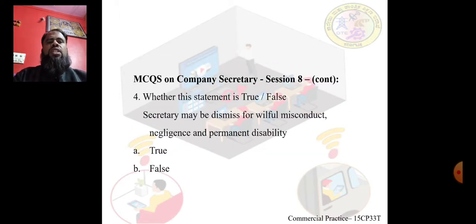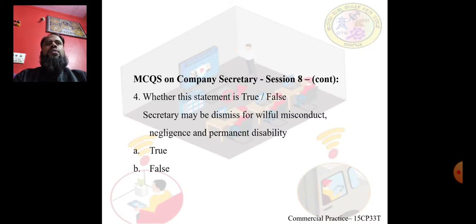Comes to the next question, whether this statement is true or false. Secretary may be dismissed for willful misconduct, negligence and permanent disability. Option A, true. Option B, false. Yes, the answer is true.